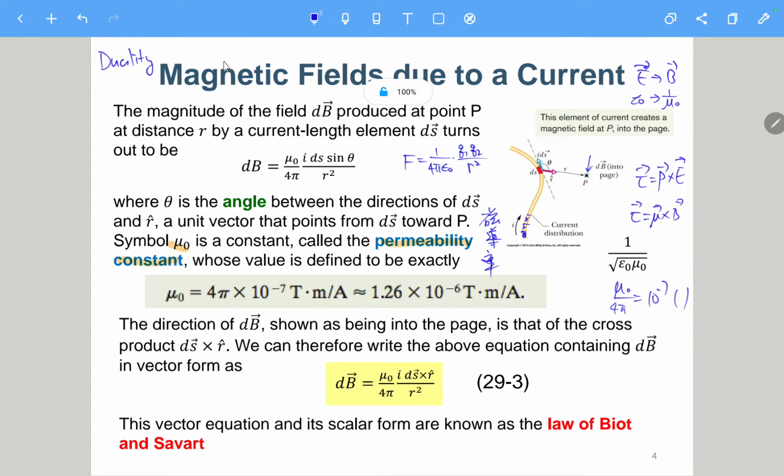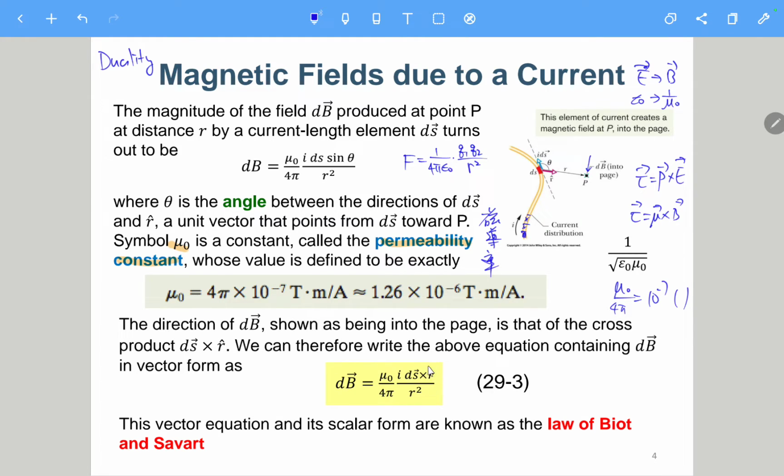So this is the scalar form, and here it writes out the vector form of the Biot-Savart law. Here dB vector, mu naught over 4 pi is the same, R squared is the same, I is also the same. The final thing is ds cross R hat. You may feel it is a bit strange that we don't have R here.